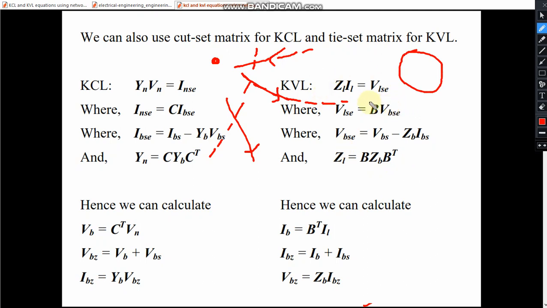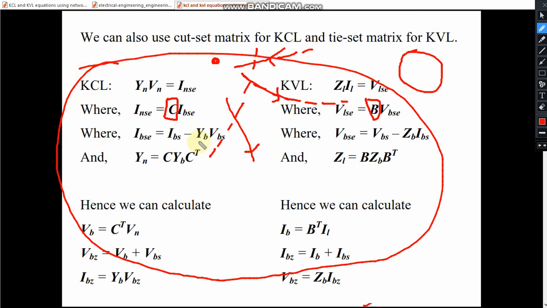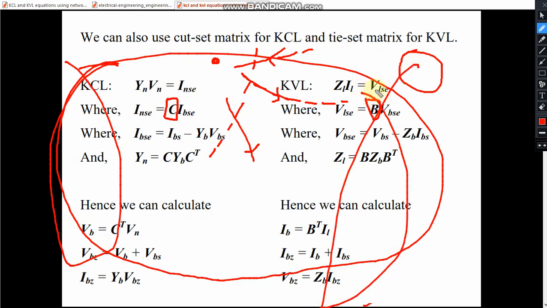So instead of using matrix L, we can use matrix B, and instead of using matrix A, we can use matrix C. All the equations are the same. The only thing is that A has been replaced by C in the case of KCL, and in the case of KVL, L has been replaced by B. That is the only difference.